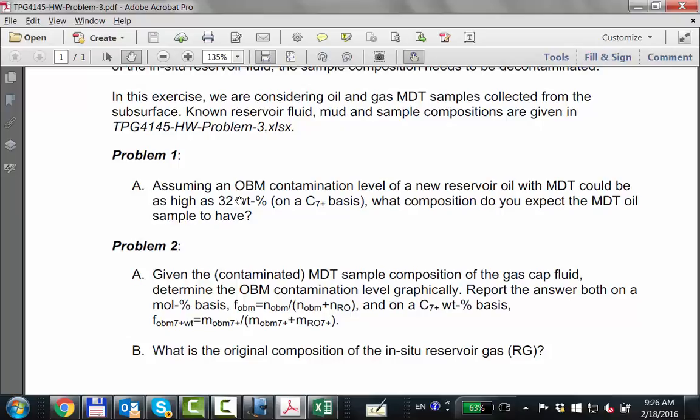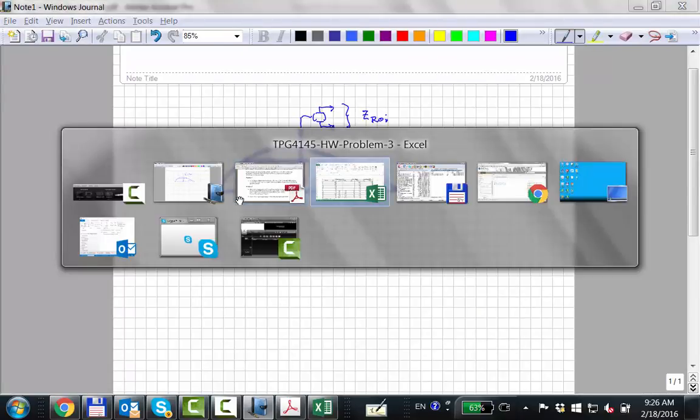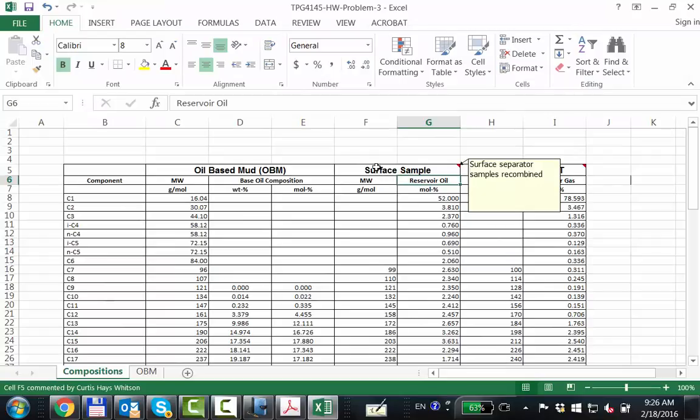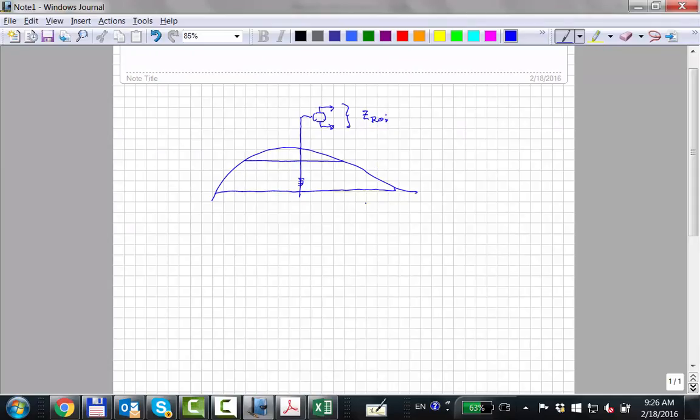We've given you that composition here in Excel. This has got no contamination. What would it look like if we add some amount of contamination? And just so that everybody has a common number, we're using 34 weight percent.